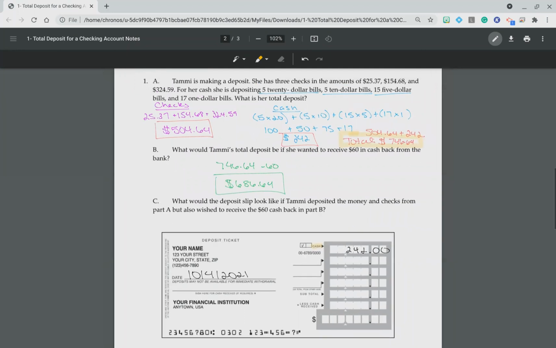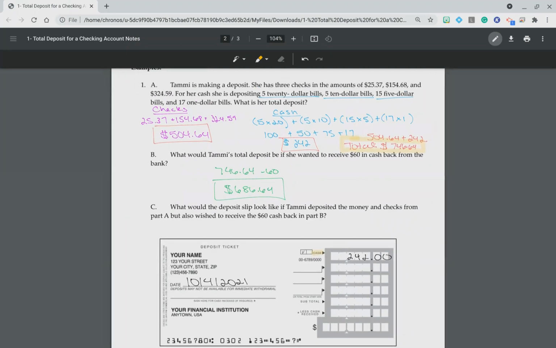All right, and then we have 3 blanks here. And I'm just going to write what it is. So we have a check for $25.37. I have another check for $154.68.